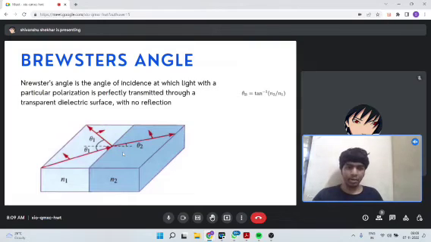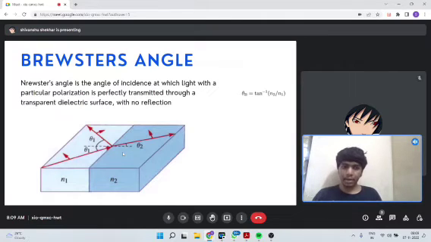Right. So coming to a few of the most important applications of these reflection and transmission modes: Brewster's angle. As we know, whenever light is incident on a medium, some light is reflected, and most of it is transmitted.